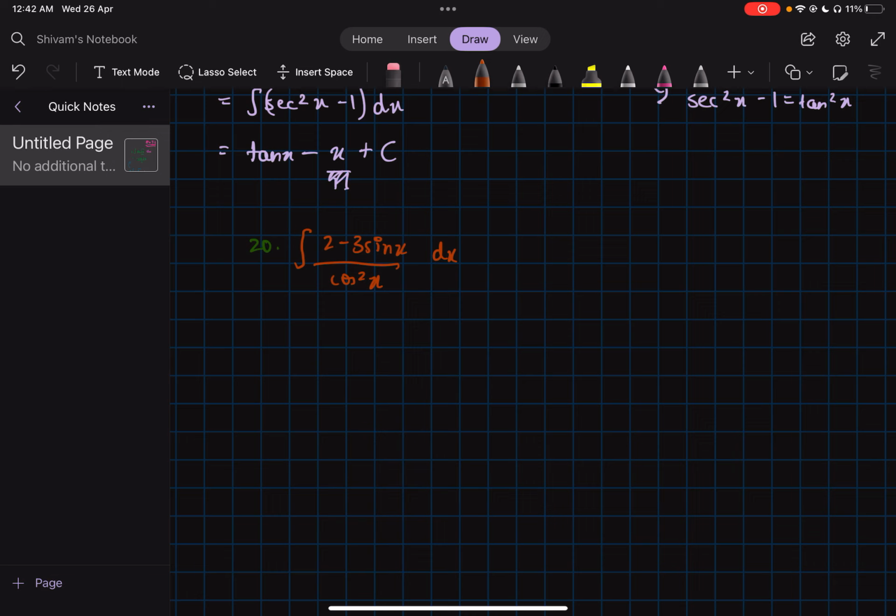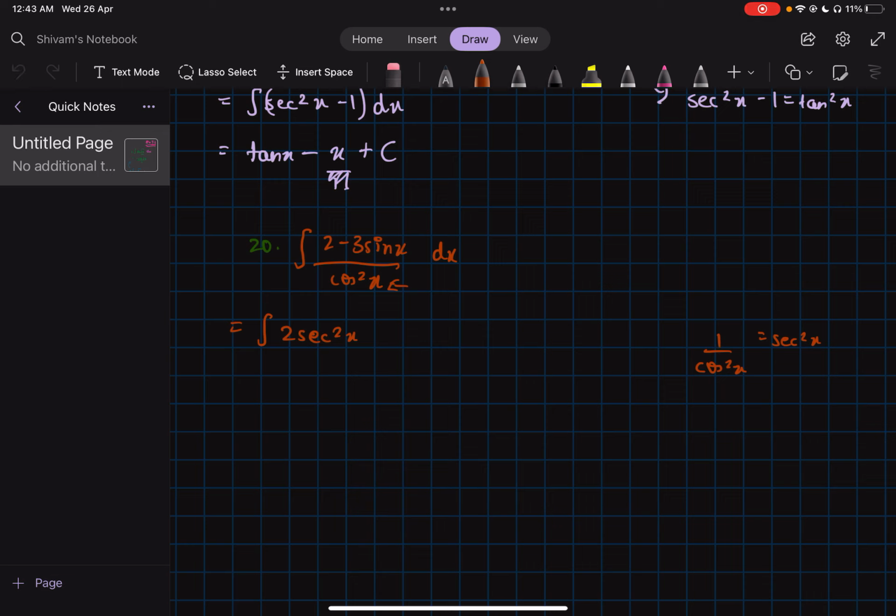Right. So in this case too, you're going to want to distribute the denominator, because if there's a single term in the denominator, you can easily distribute it and get separate terms to integrate. So for the first term, it's going to be 2 over cos square x. I'm just going to write that as 2 sec square x, because we know that 1 over cos square x is sec square x.